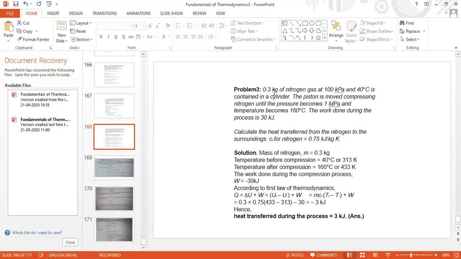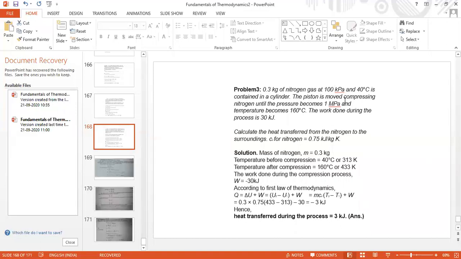Initially, mass of the nitrogen m is given, and gas at 100 kilopascal and 40 degree centigrade is contained. What is happening? Piston is moved, compressing nitrogen. So compressing nitrogen means the properties of nitrogen may change.